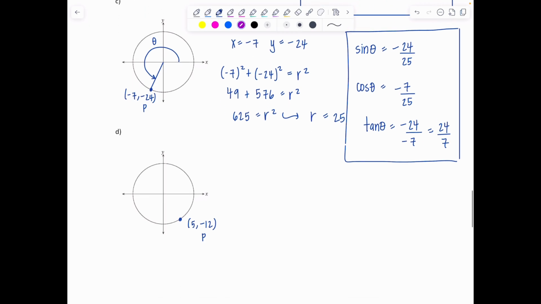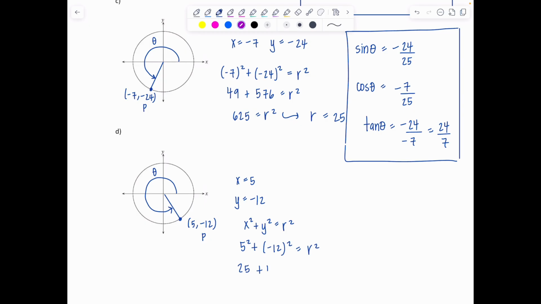Last one, we have the point P here, 5, -12. So here's the terminal side, here's the angle theta, x is 5, and y is -12. So we have x squared plus y squared is r squared. So 5 squared plus -12 squared is r squared. 25 plus 144 is r squared.